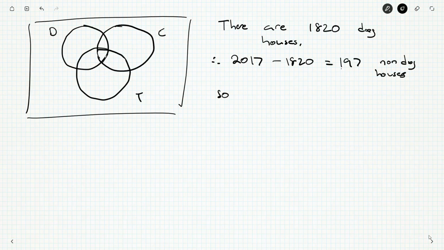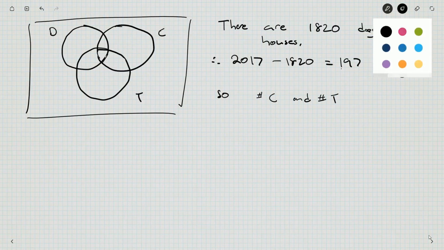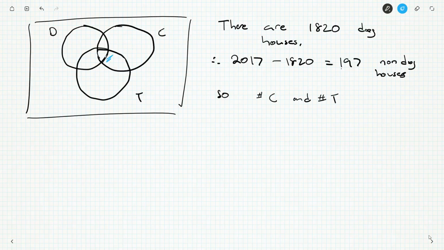So, the number of cats and the number of turtle houses, so this overlap here, cat and turtle and not dog, is at most 197. That's true. And I like the positioning of this as opposite to the whole dog circle.